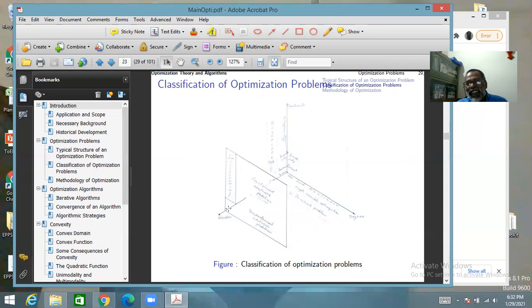In some direction, as long as you go on reducing the function, linear function, you see. In another direction, as long as you go on increasing the function. So the function is unbounded on both sides. And there is no constraint, so nothing to stop it from going unbounded to minus infinity or plus infinity. Okay. So there is no problem here.